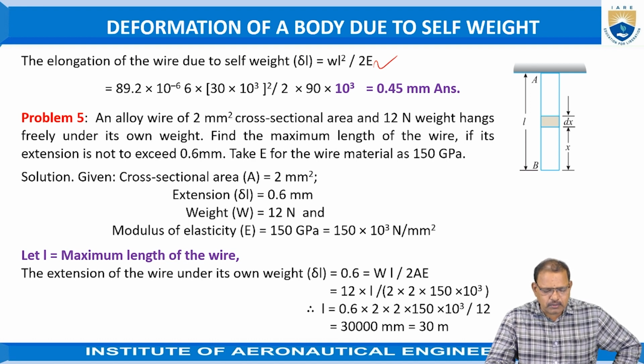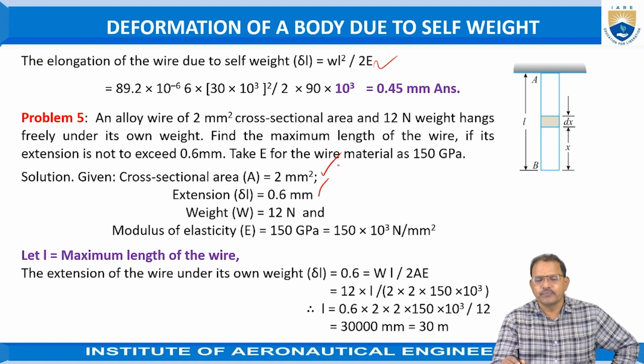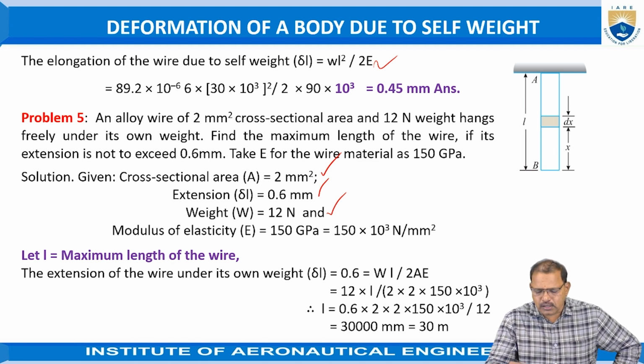The given data in the problem is the cross-sectional area, given as 2 mm square. The elongation produced is equal to 0.6 mm. The weight is given as 12 newtons. Modulus of elasticity E is equal to 150 gigapascal, which is equal to 150 into 10 to the power 3 newton per mm square.